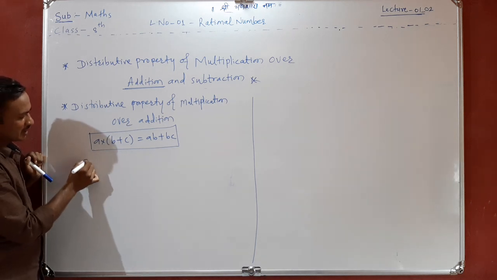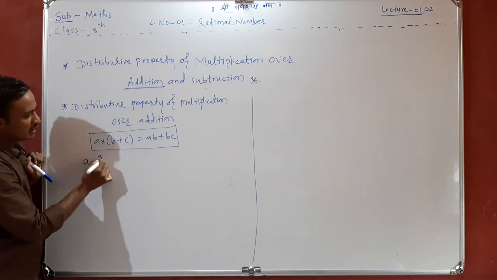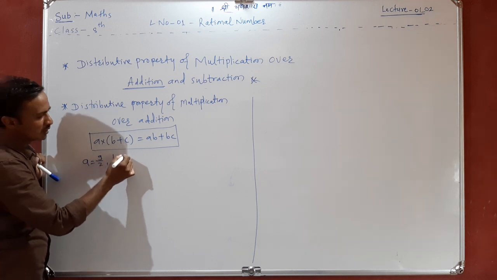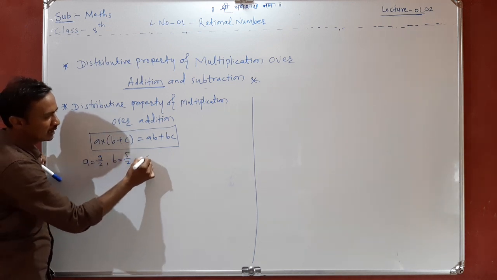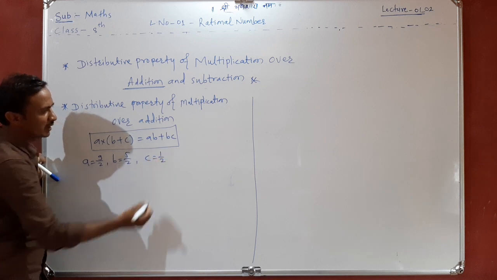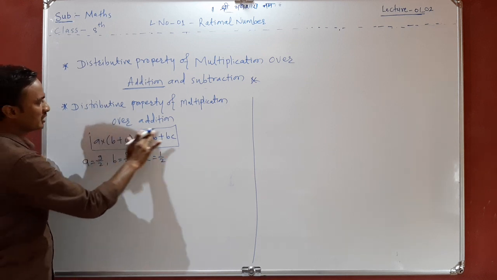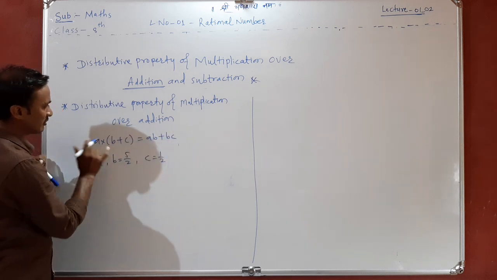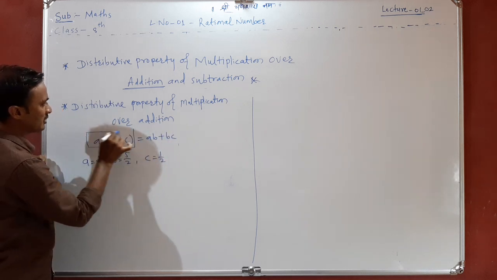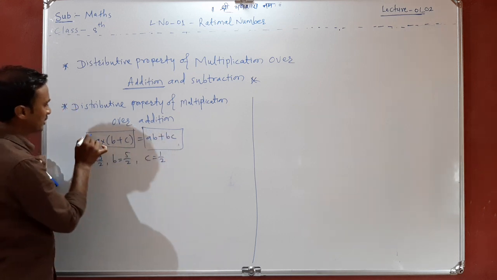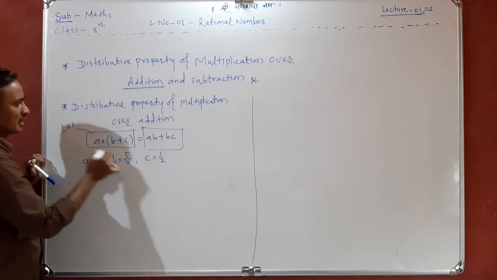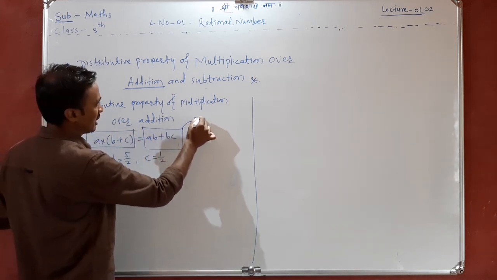Again I am taking a equal to 9 upon 2, b equal to 5 upon 2 and c equal to 1/2. Now this equation has two parts: this is the LHS and this part is the RHS.